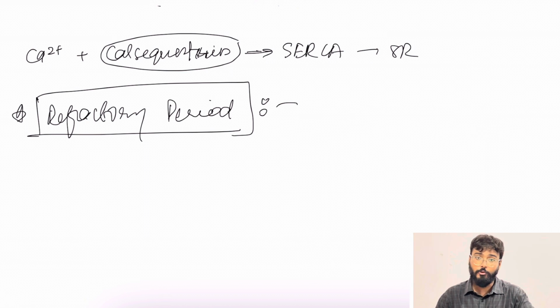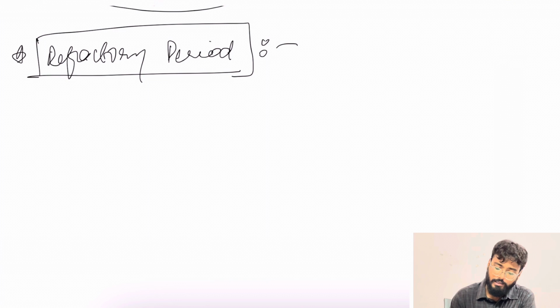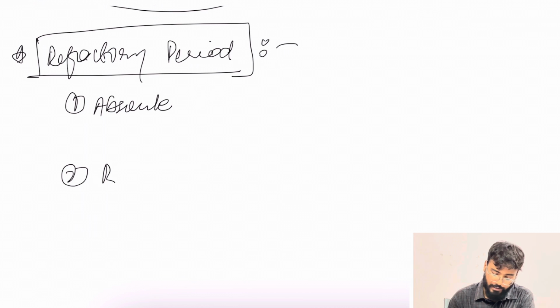Ions move from inside to outside and outside to inside. So can the cardiomyocyte be stimulated again during this phase? There are two types of refractory period. First, let's understand that. One is called absolute and the other is called relative.